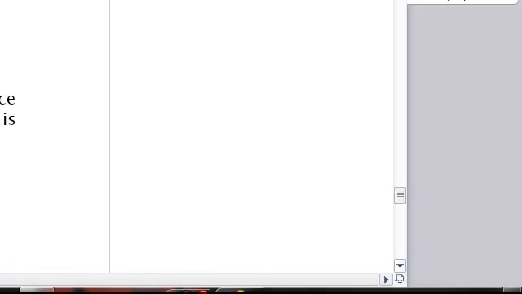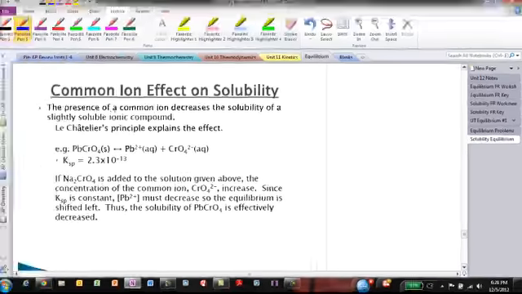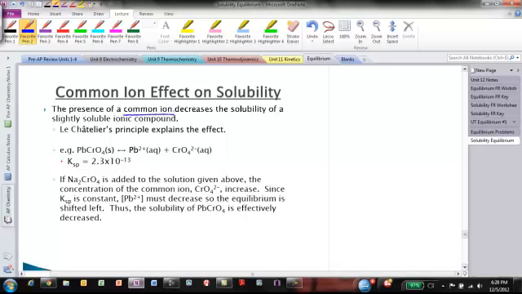This is kind of a combination of what we did with this lecture and what we did on Thursday. What a common ion is: let's say I'm trying to dissolve lead(II) chromate, and I'm putting it in a solution of water. So it dissolves.